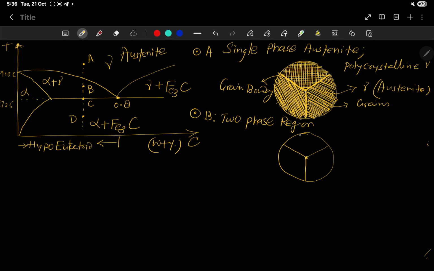Okay, and just draw the austenite phase first. So this will be the grain boundary.